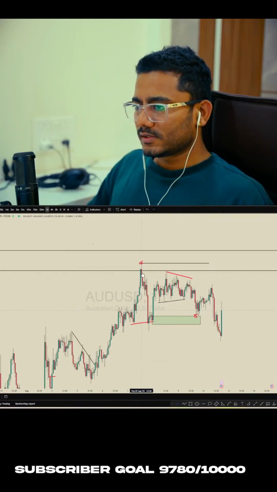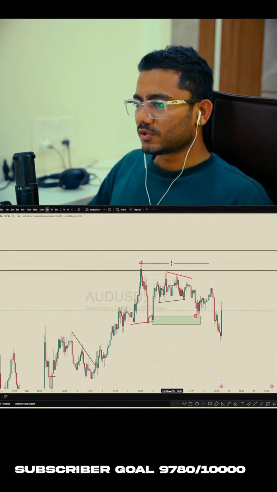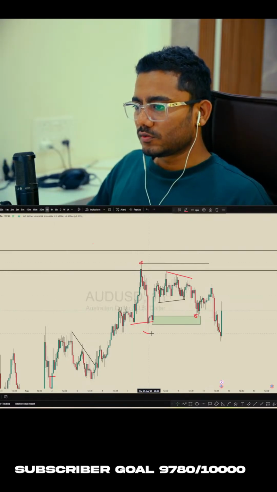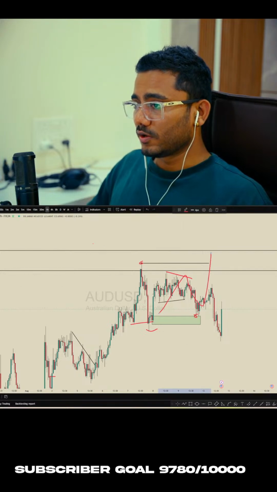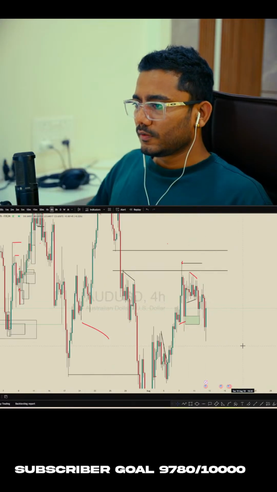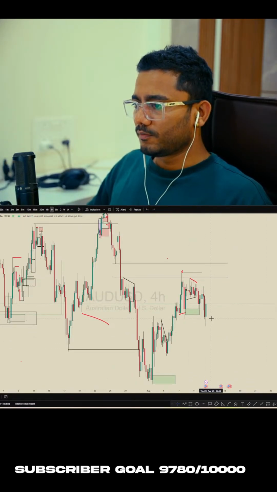So price did not give us any break of structure. Here we have the strong low, so I assume that it should continue, but price did not give us any break of structure. Still, I marked this. I thought it should continue higher, but that's what you get when you try to be over smart. And we can see there is this bearish reaction.